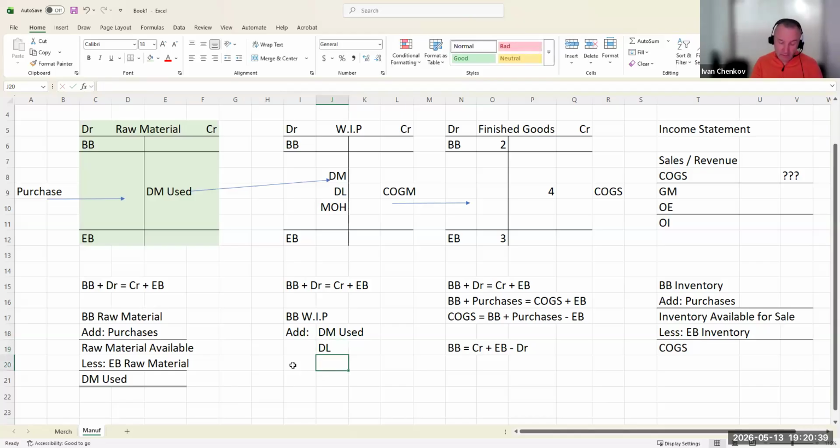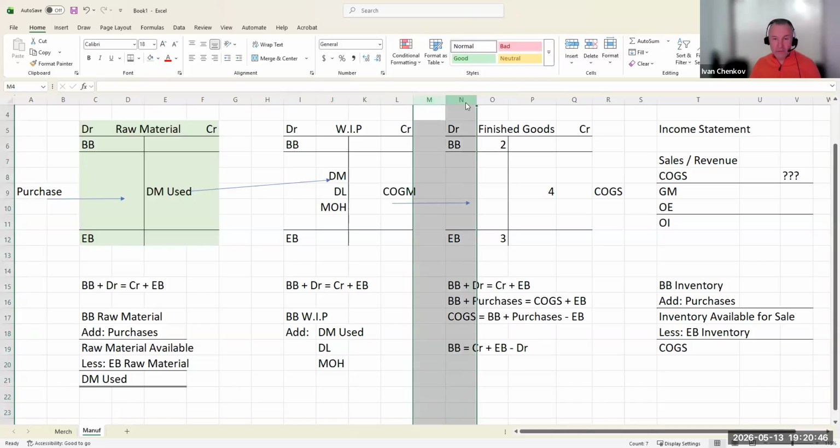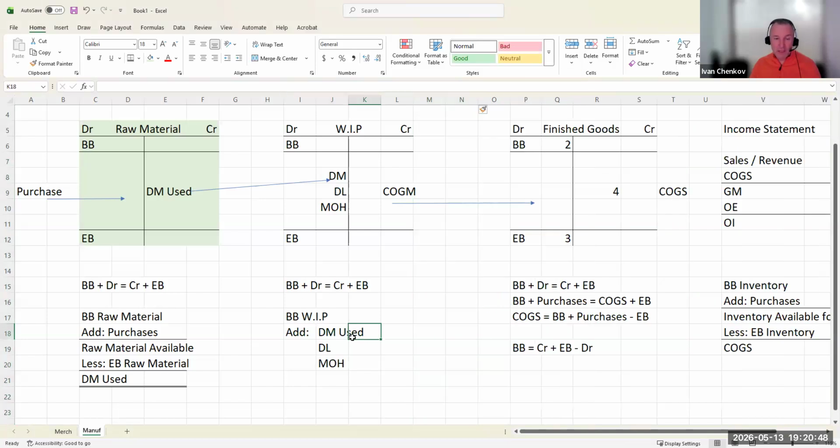Then manufacturing overhead. Those three are going to give me my product cost. Only those three. It will be my product cost for the period.